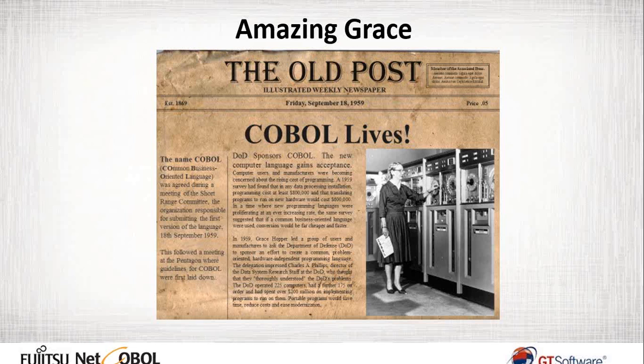Like many such endeavors, the committee faced many challenges. They had their share of proponents and naysayers, and there were a lot of languages that were evaluated during that time, one of them being Flowmatic, and then we had Aimaco and IBM's own Comtran. But in the end, the Flowmatic language was really regarded as the most influential in the evolution of the language that we know as COBOL today.